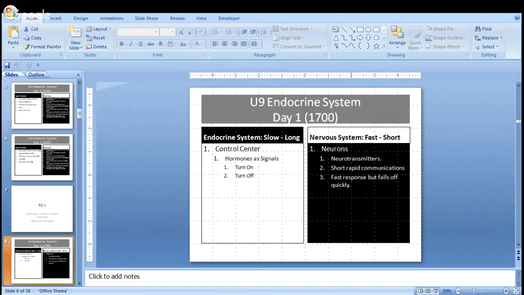Those hormones do only one of those two things. The communicating system on the other side is the neurons, and it uses neurotransmitters and neurons to do the communication, and it's short, rapid communication with a fast response that falls off quickly. It's more of an overview of those two systems and how they work, which is kind of what that first page is, right? Yes.